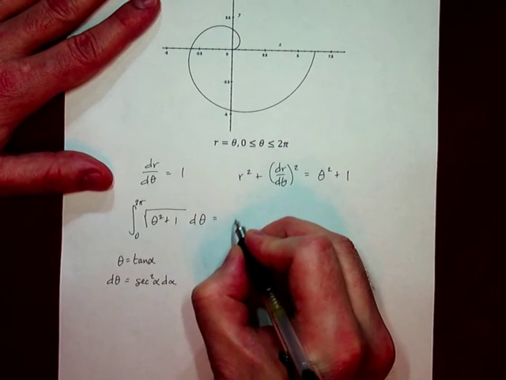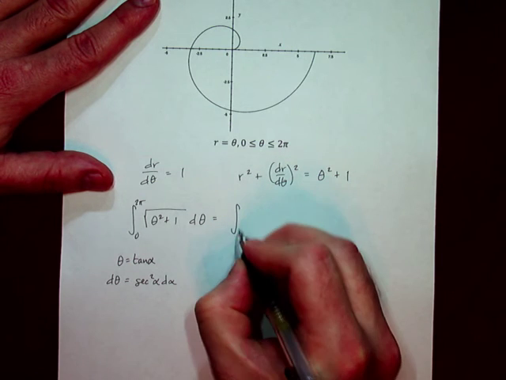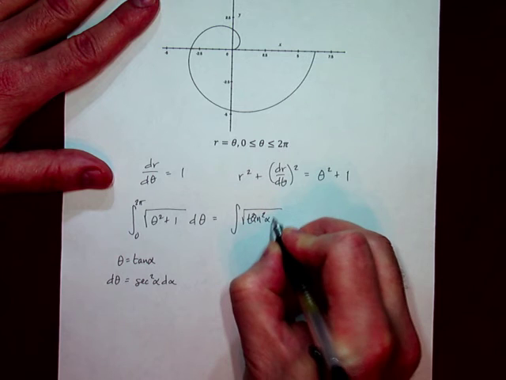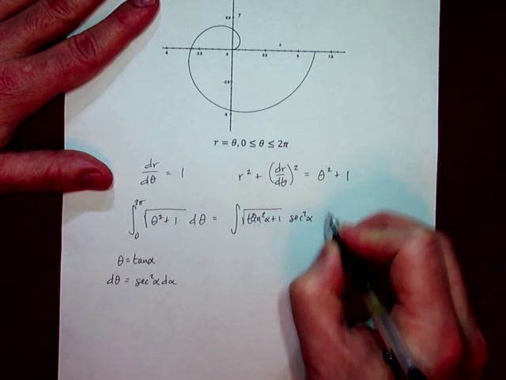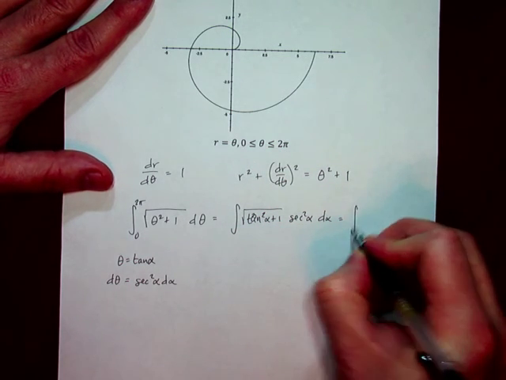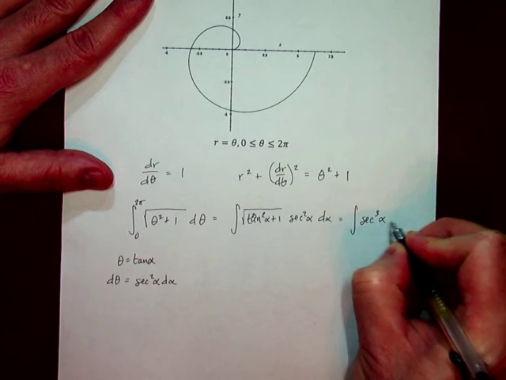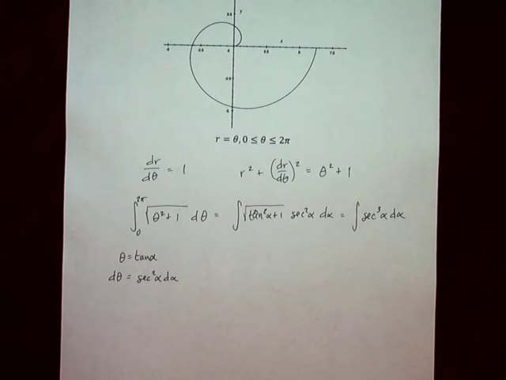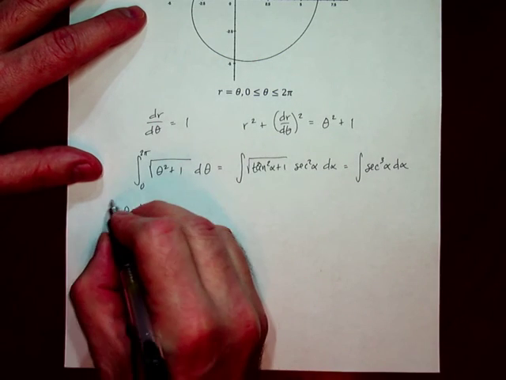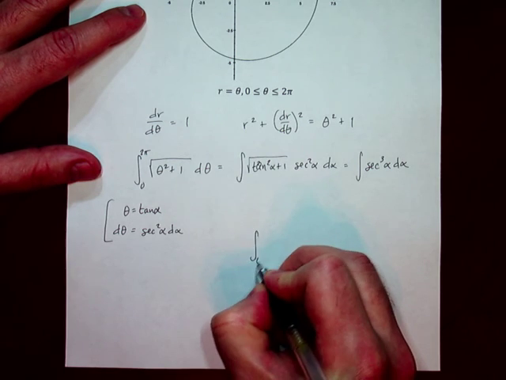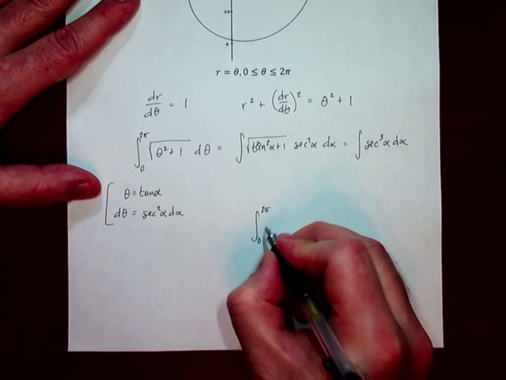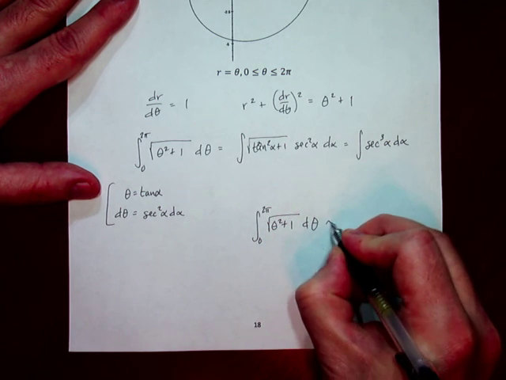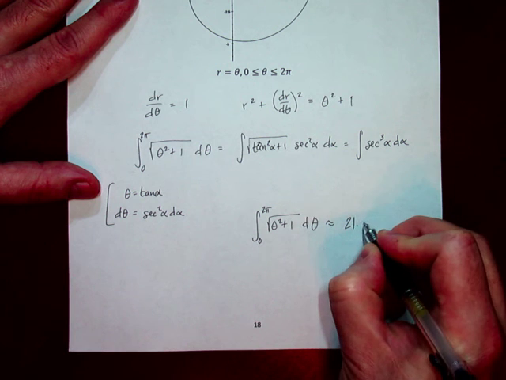And when you actually transform that, it becomes the square root of tangent squared alpha plus 1 times secant squared alpha d alpha, which, by the way, is going to wind up being that lovely one that we remember, secant cubed. And who wants to do that all over again? Do you remember it? Okay, because I barely do. But let's go ahead and, on this one, for the sake of time, just plug it into our calculator. And when we do, we get 21.256.